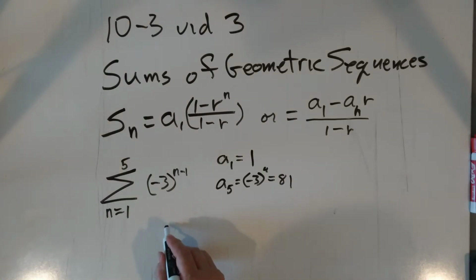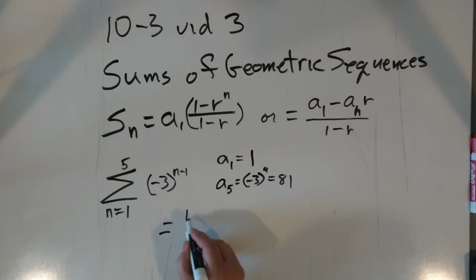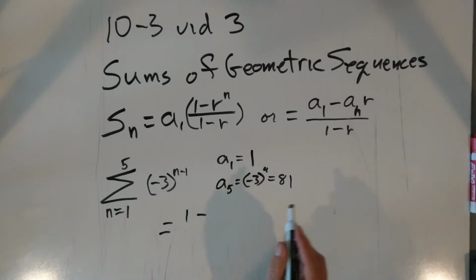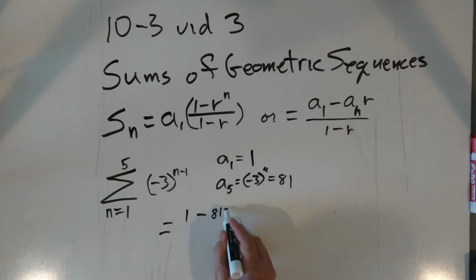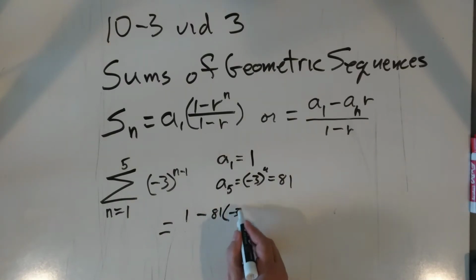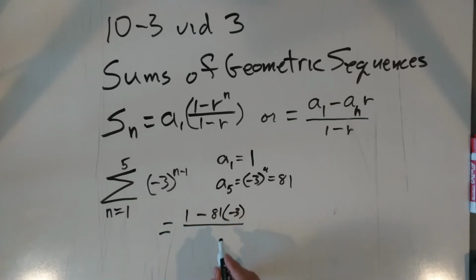That means the sum will equal the first term, 1, minus the last term, 81, times the common ratio, which is negative 3, divided by 1 minus the common ratio, which is negative 3.